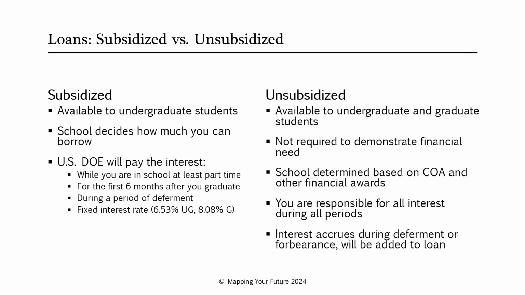The downfall with unsubsidized loans is that you are responsible for all interest during all periods, and the interest accrues during deferment or forbearance, whereas they do not with subsidized loans, and unfortunately, they are added to the overall total of your loan.